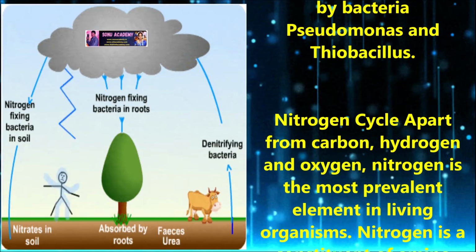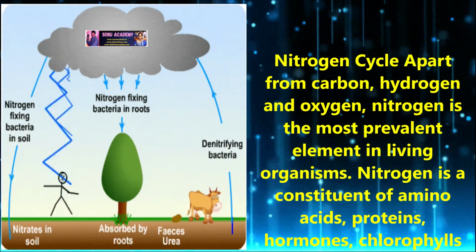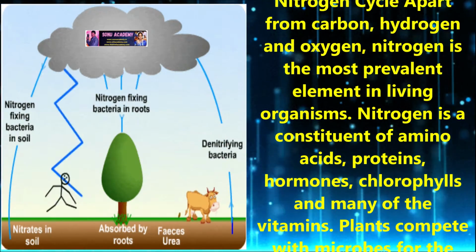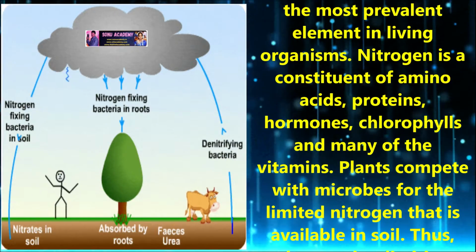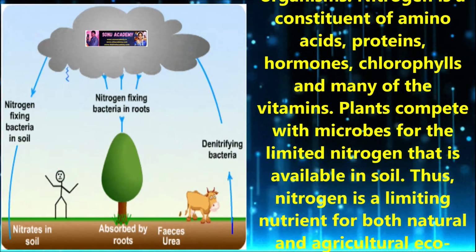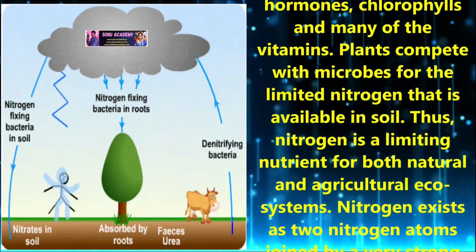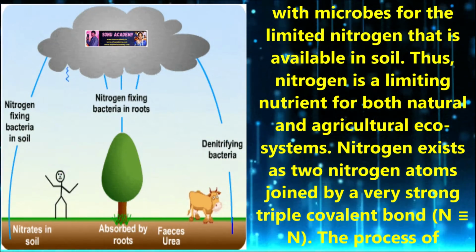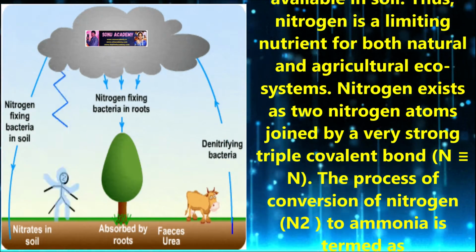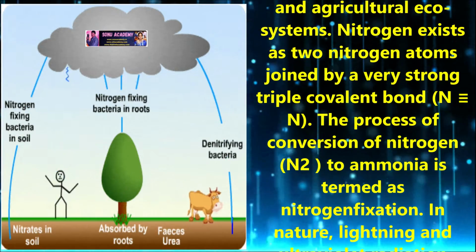Decomposition of organic nitrogen of dead plants and animals into ammonia is called ammonification. Some of this ammonia volatilizes and re-enters the atmosphere, but most of it is converted into nitrate by soil bacteria in the following steps.